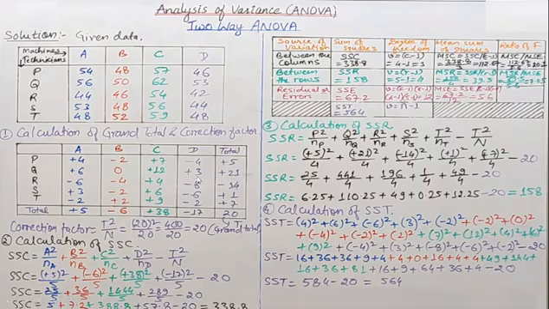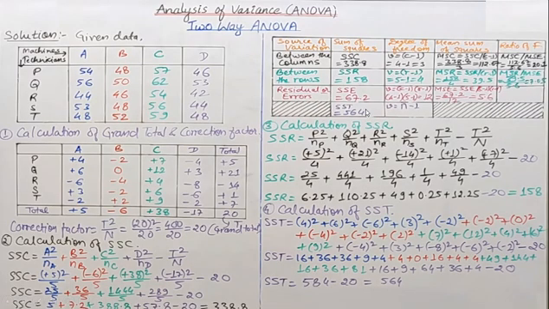So we are squaring all the observation values, minus T square upon N. T square upon N is 20, so we are subtracting the T square upon N. So the value of SST is 564.